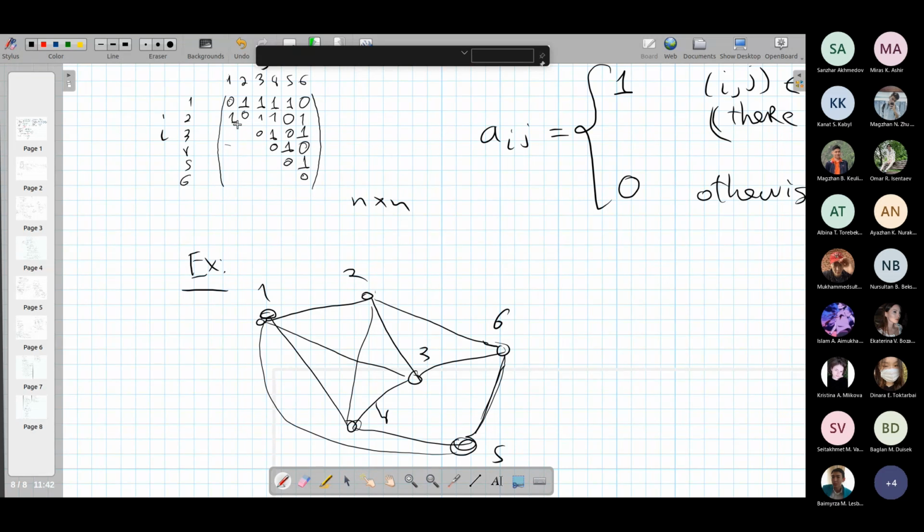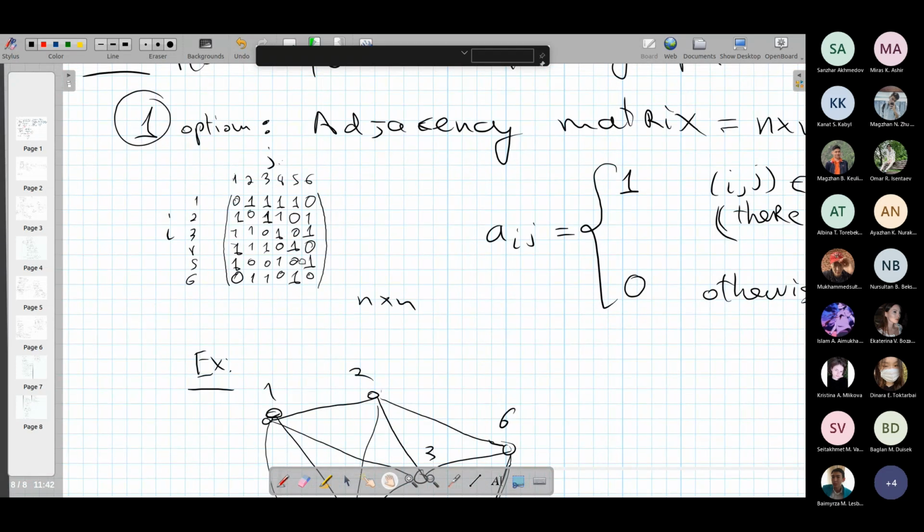The other part, the lower triangular part, can just be reflected in the case of an undirected graph. So in an undirected graph, this adjacency matrix will be symmetric. In the case of an undirected graph, it is always a symmetric matrix, because if you can go from i to j, it means you can go from j to i.